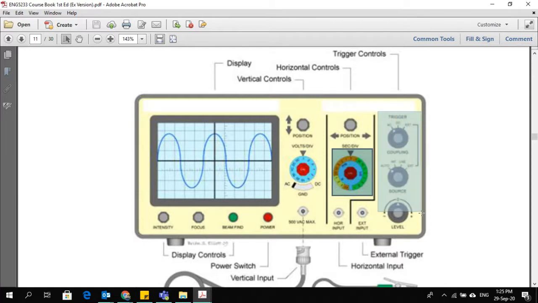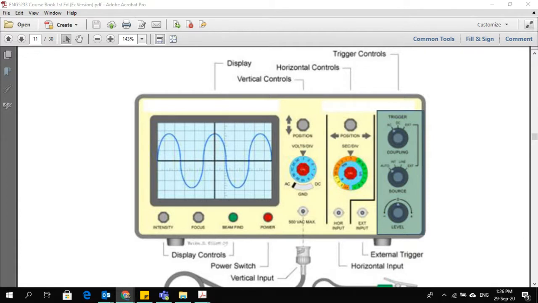And then there is a third slot of controls, which is called trigger. There are different trigger options available. The main function of the trigger is to make the wave on the display stable so that you can see the wave clearly.